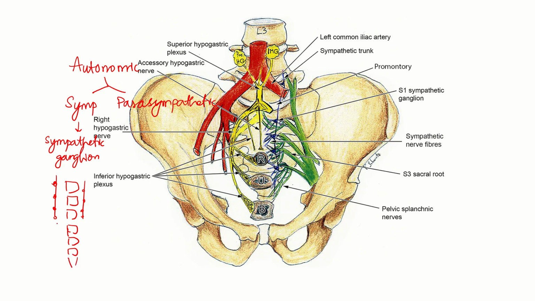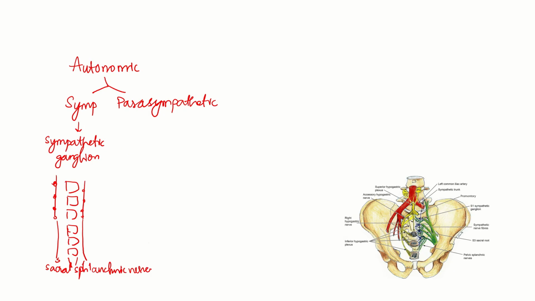And in the pelvis, they are called as sacral splanchnic nerves. Then coming to the parasympathetic system, it has craniosacral outflow. Cranial is the vagus nerve coming from the brain, and the sacral outflow, that is S2, S3 and S4, gives off the plexus and which form the inferior hypogastric plexus.